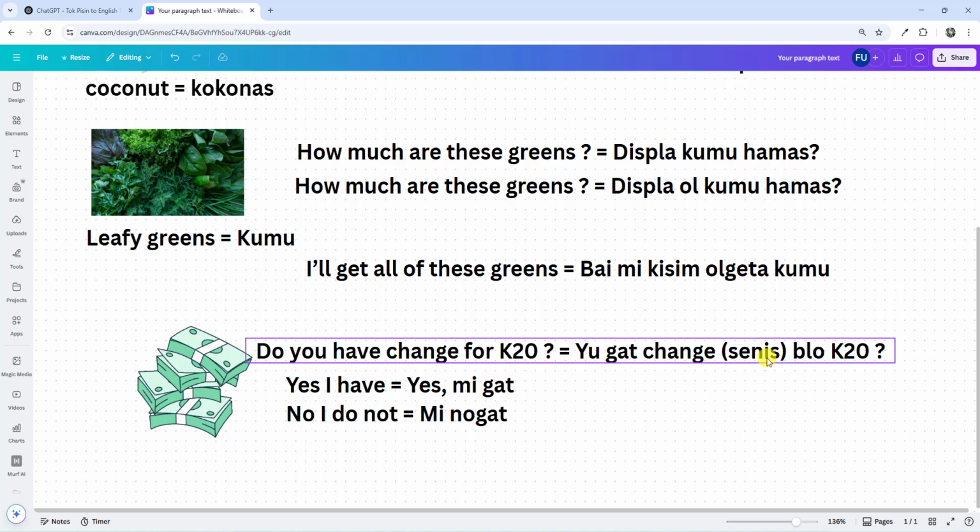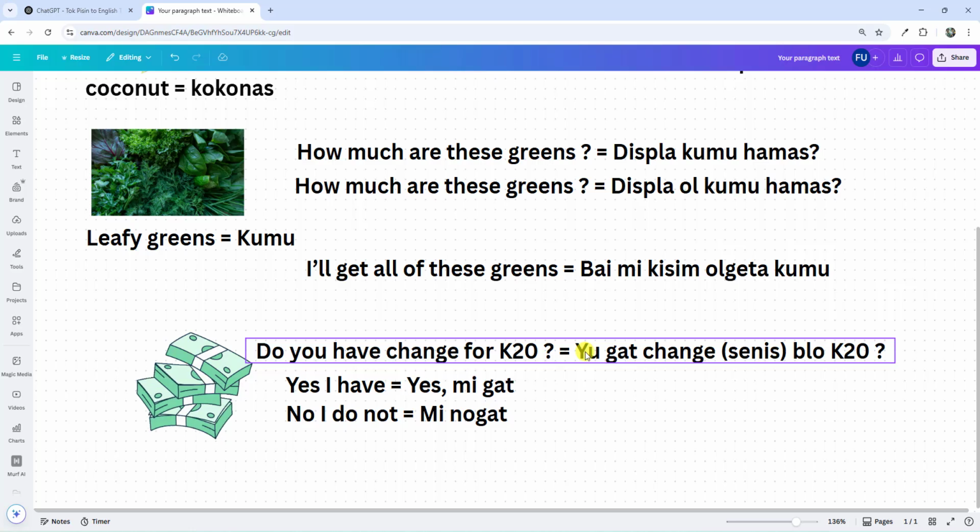Most often, when you say change, they understand, right? So you can use senis or change. It's up to you, but they can still understand if you say change. So you can say, you got change below 20 kina.